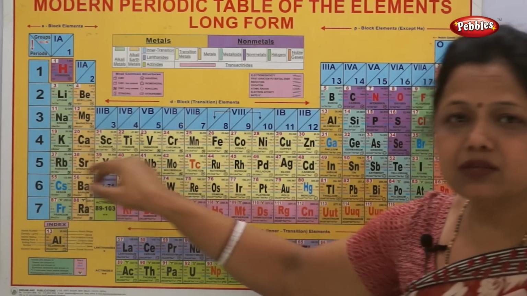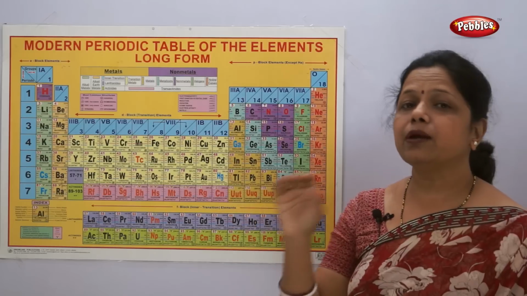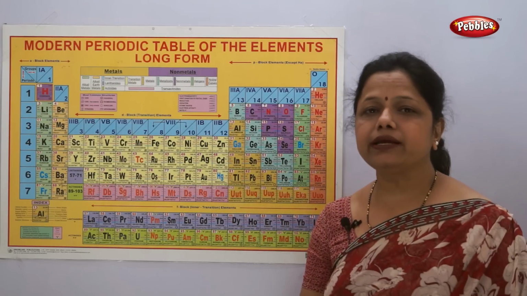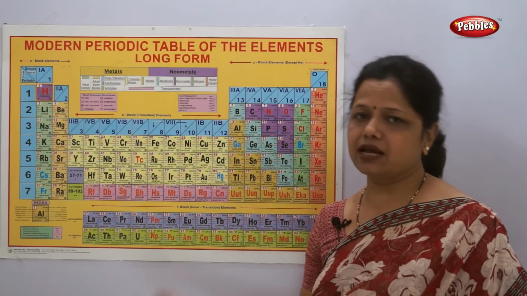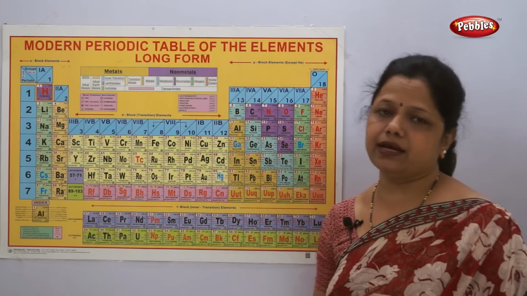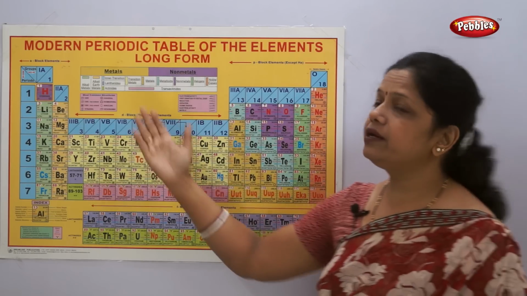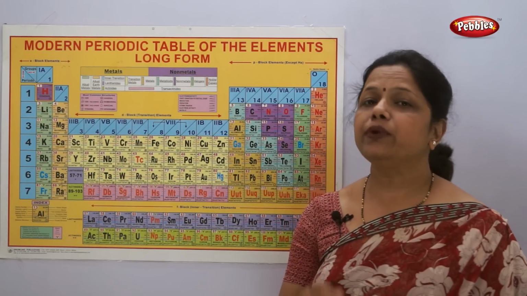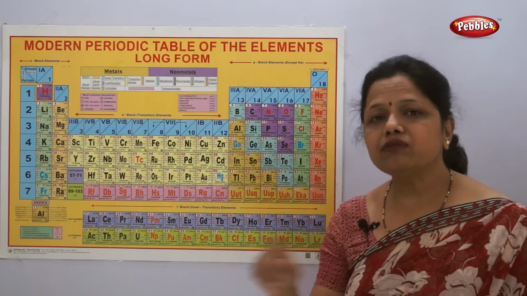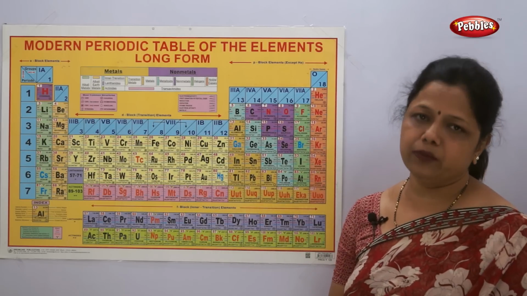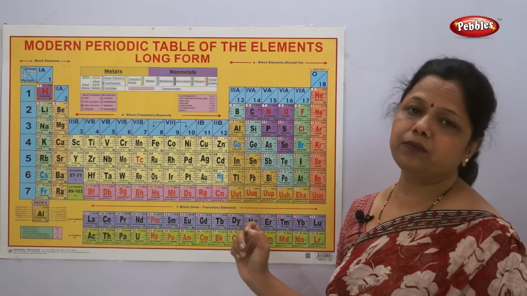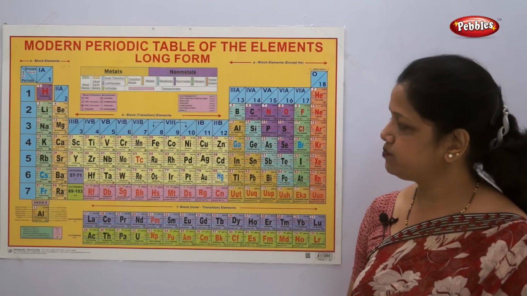Fourth period, it has only 4 shells. So the period number also indicates the number of shells, the number of orbits it has. So it can be asked to you, what does this period number indicate? The period number indicates the number of shells in those particular elements. This is a very important part of the periodic table.